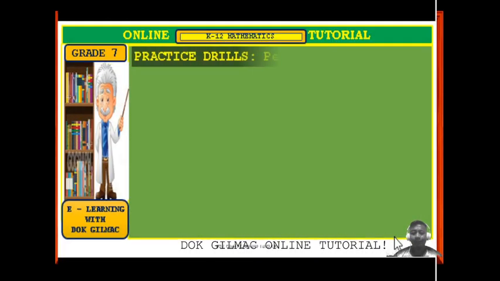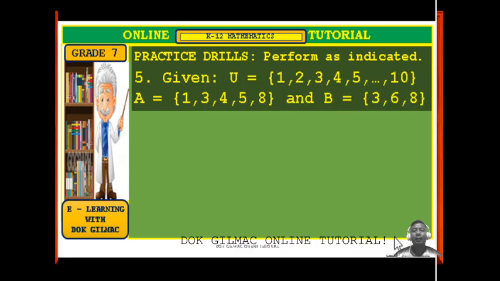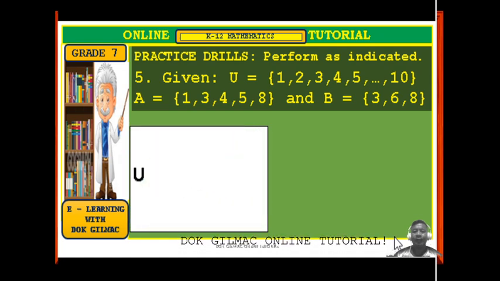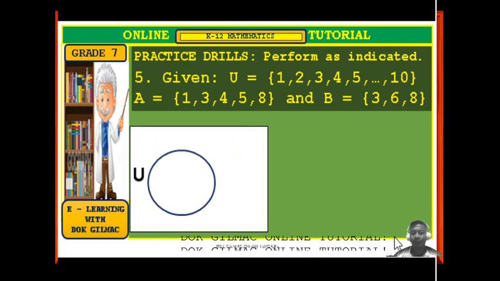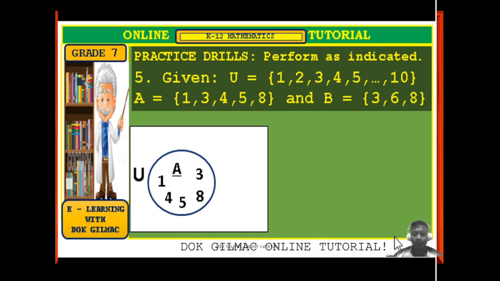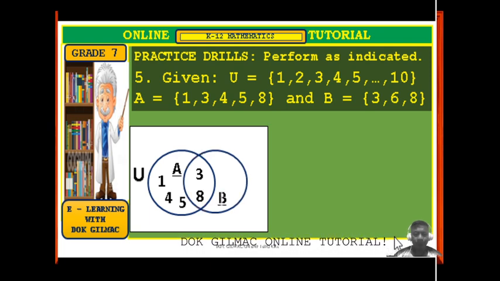Let's say this. Given set U is equal to 1 up to 10, A is 1, 3, 4, 5, 8, and B is equal to 3, 6. So let's just represent this using a Venn diagram so that you can see how to use the Venn diagram.